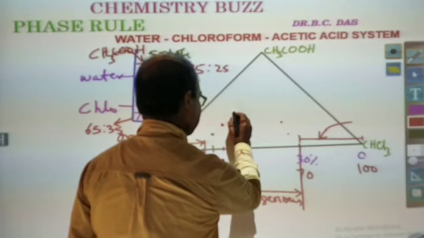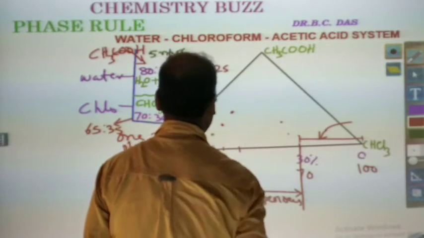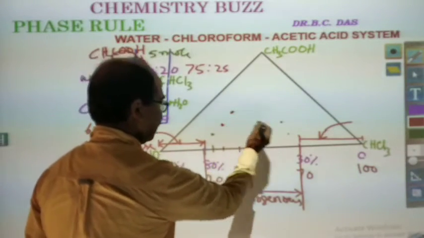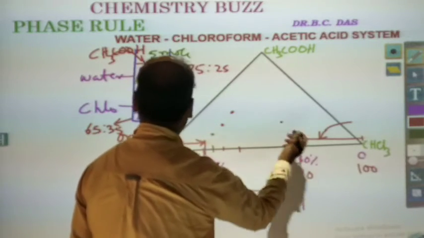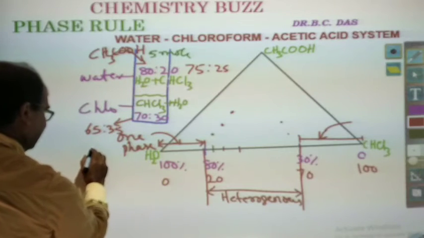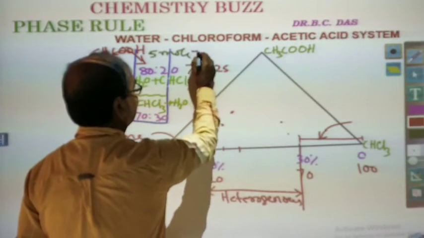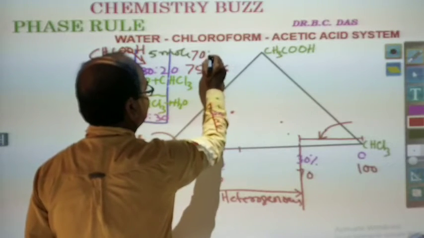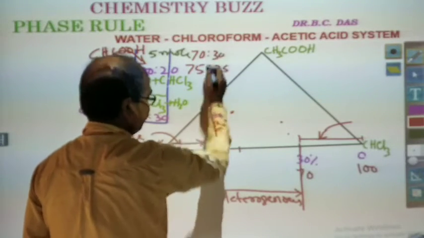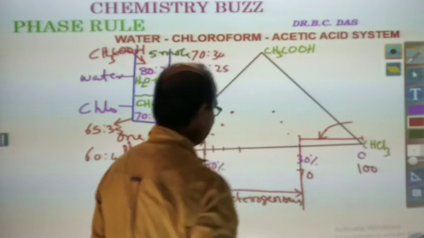So the point may be somewhat here. At this point and this line, the solubility also increases. That may be here it is 60:40, and here the new composition may be 70:30. So both the compositions are increasing.